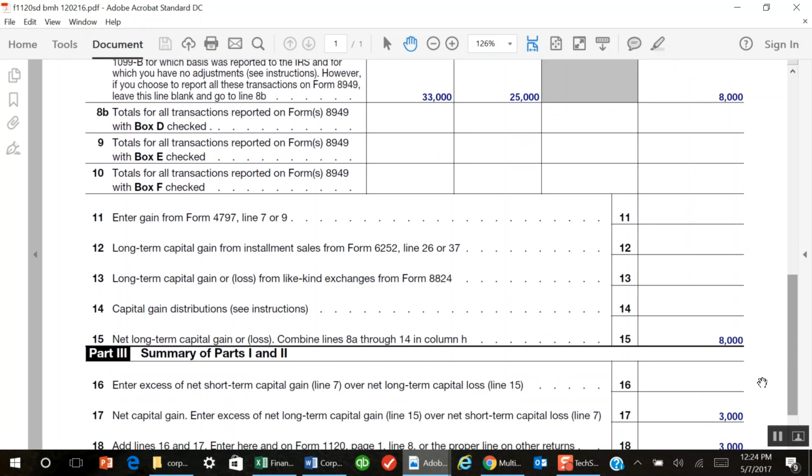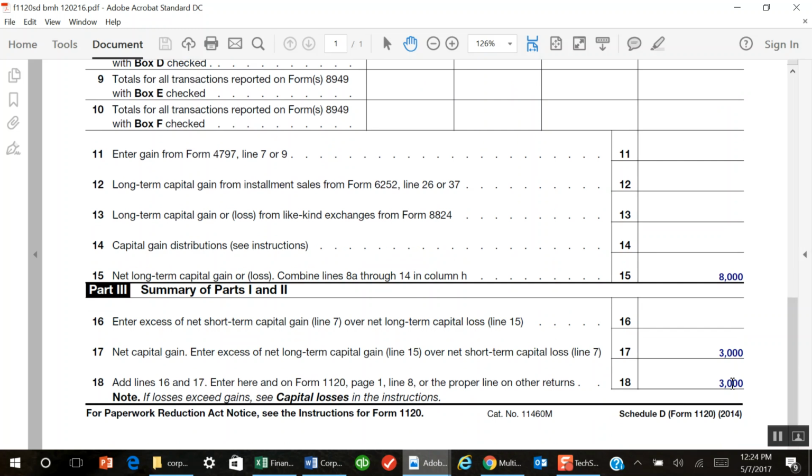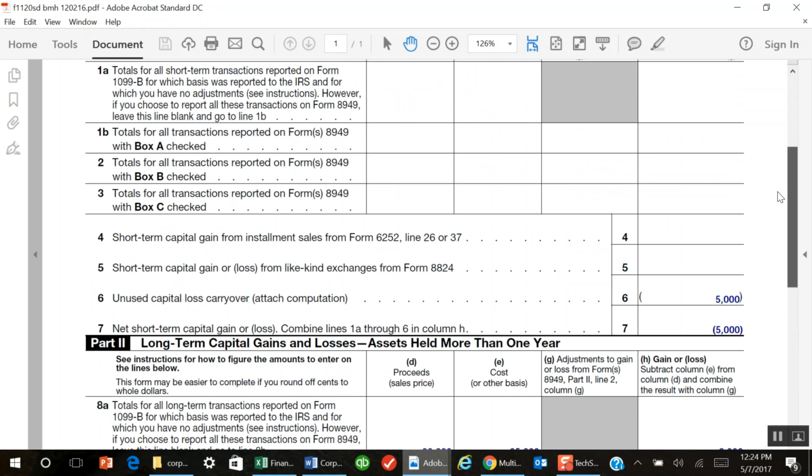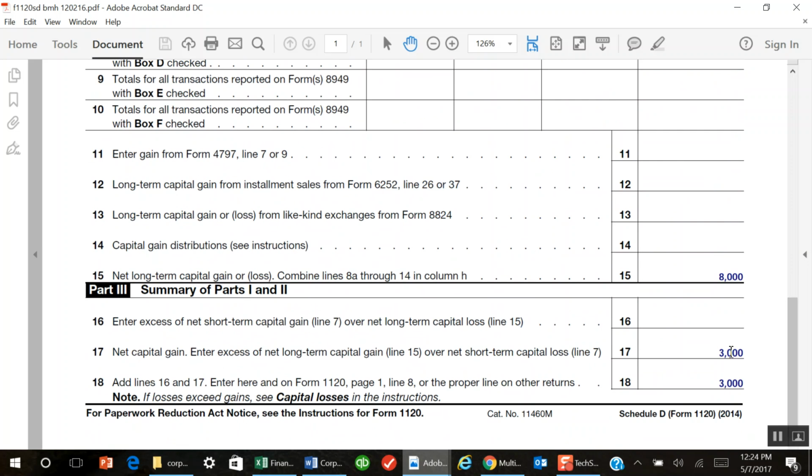So that nets down to $3,000, and then it tells you here, put the $3,000 on page 1, Form 1120, page 1, line 8, or on the proper line of other returns. So this form is actually used for other returns as well, and so it might be a different line if it wasn't an 1120. So that's what your Schedule D should look like.